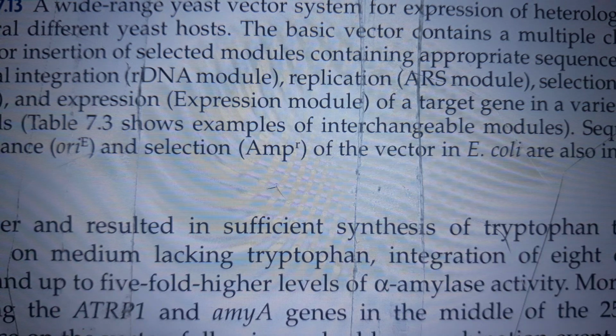The basic vector contains a multiple cloning site, MCS, for insertion of selected modules containing appropriate sequences for chromosomal integration, rDNA module, replication ARS module, selection module, and expression module for target gene in a variety of yeast host cells. These show samples of interchangeable modules. Sequences for maintenance and selection, Amp, for the vector in E. coli are also included.